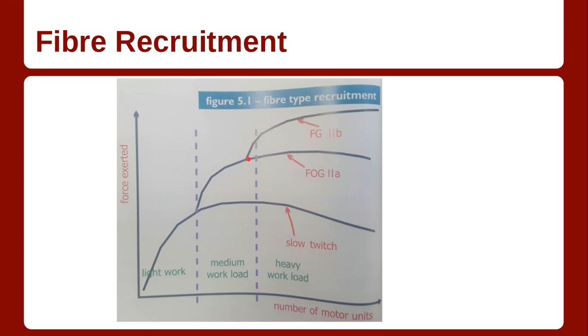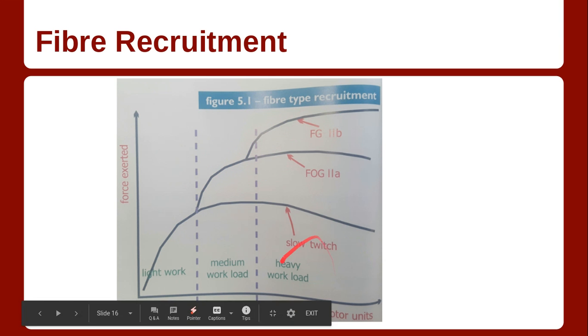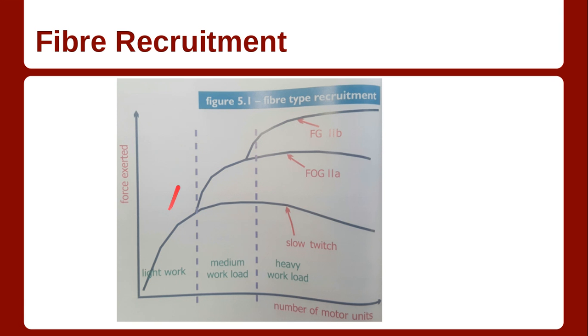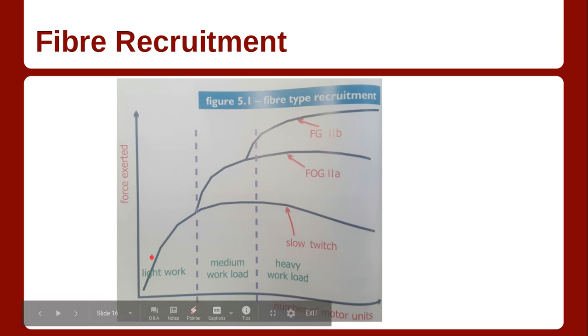And if I'm doing heavier load work, I recruit all three types of fibers, obviously my 2X fibers at the top there for that heavier load work. So it's not just a case of only using one type of muscle fiber. I'm recruiting them first, second, and then third, obviously working up to that heavy load activity.